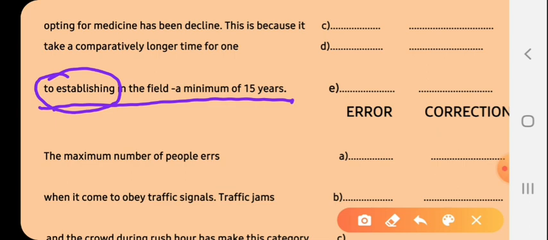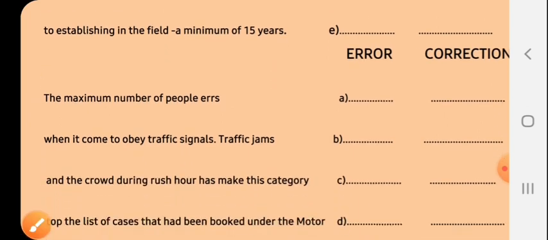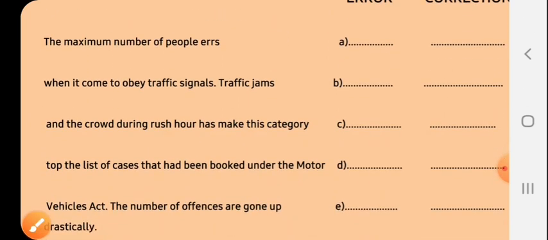It is not correct here. What is correct? To establish. So what will be your answer? To establish in place of establishing. So what is error here? Establishing, and correction establish.